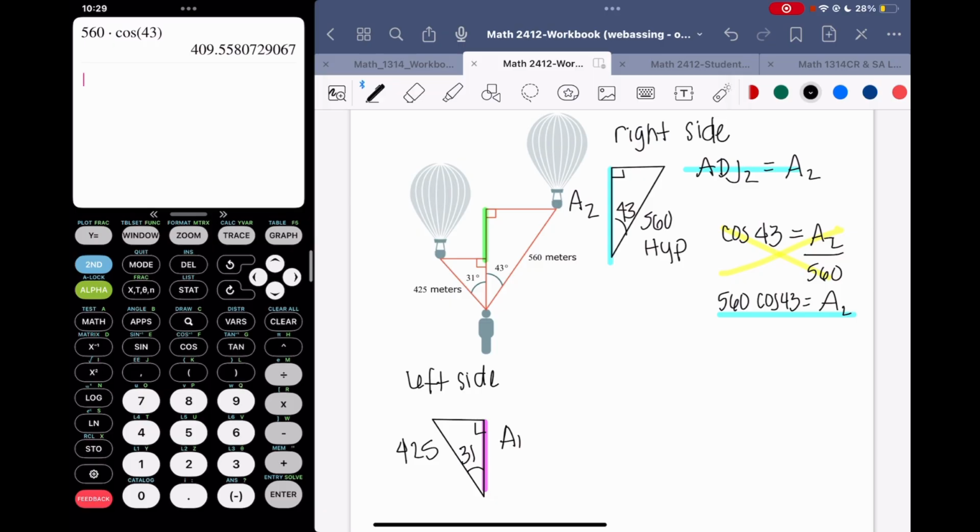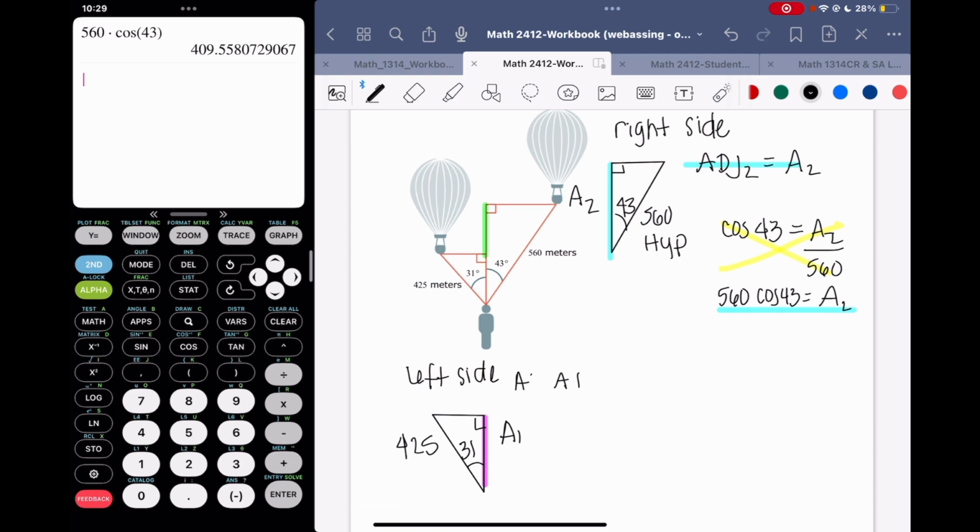So A1 equals adjacent 1. I want to take the cosine of 31 is equal to A1 divided by the hypotenuse of 425. And then I'm going to cross multiply to solve for A1. So I have 425 cosine of 31 equals A1.